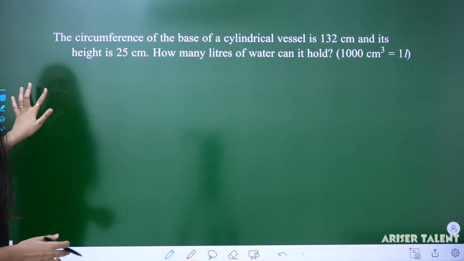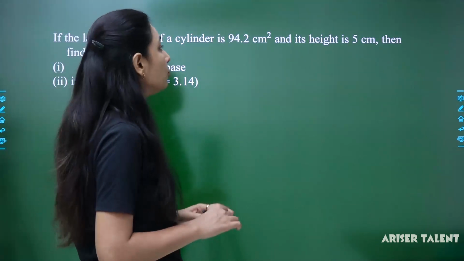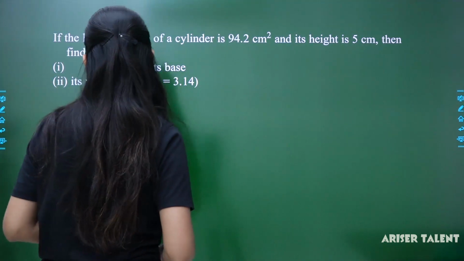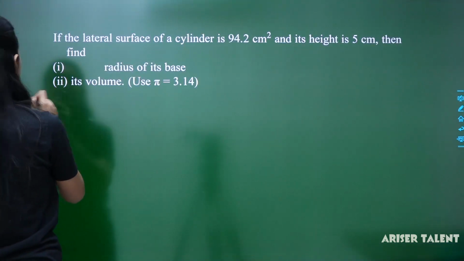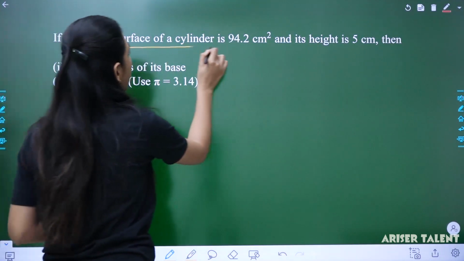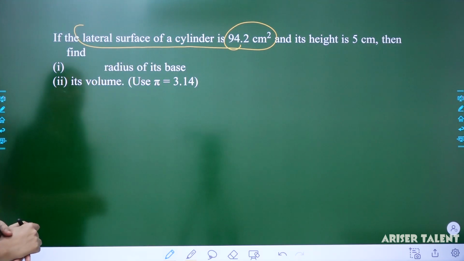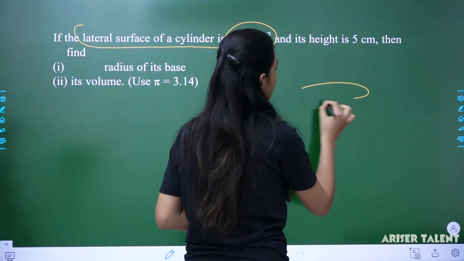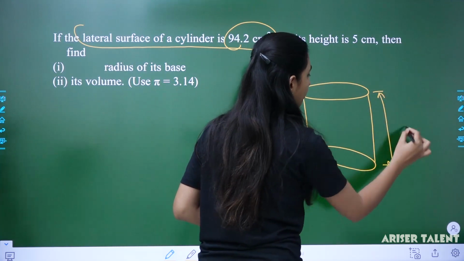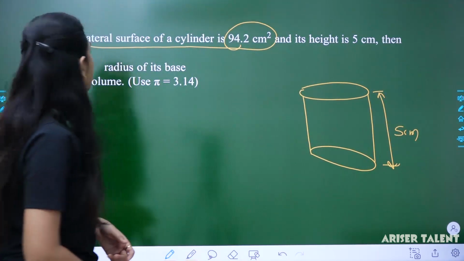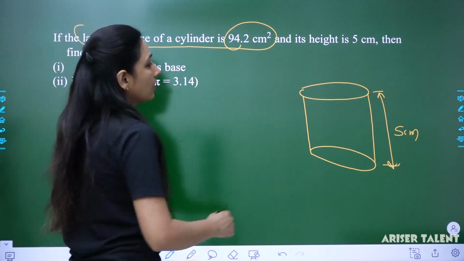Okay. Now, next. If the lateral surface of a cylinder is 94.2 centimeters square, and its height is 5 centimeter, then find the radius of its base.